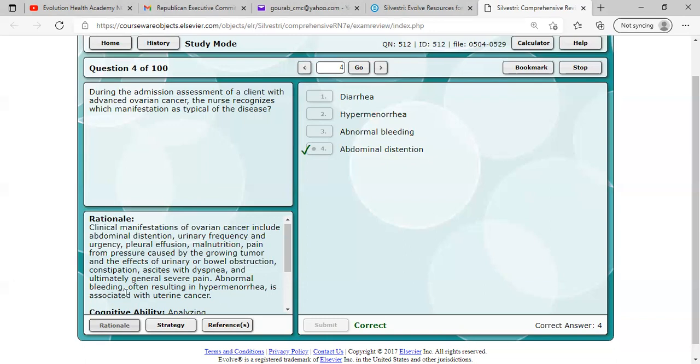Abnormal bleeding often resulting in hypermenorrhea is associated with uterine cancer. It is related to uterine cancer, not ovarian cancer.